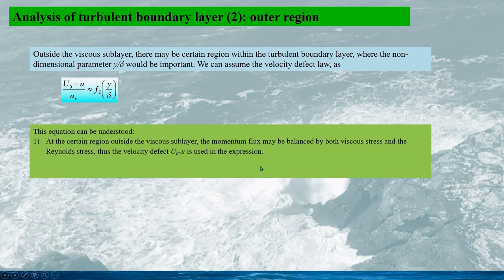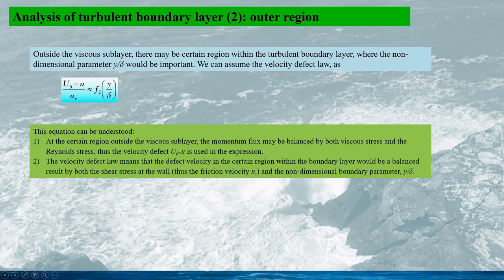So this velocity defect law can be understood at the certain region outside the viscous sublayer. The momentum flux may be balanced by both viscous stress and the Reynolds stress. Thus, the velocity defect u0 minus u is used in the expression.